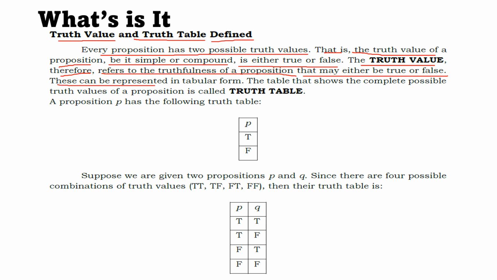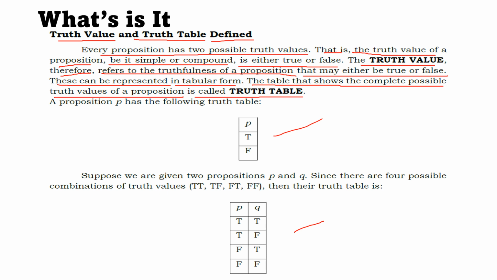This can be represented in tabular form. That's why we use the truth table. The table that shows the complete possible truth values of a proposition is called the truth table. These are good examples of a truth table wherein we can easily visualize the truth values of each of the given propositions here.